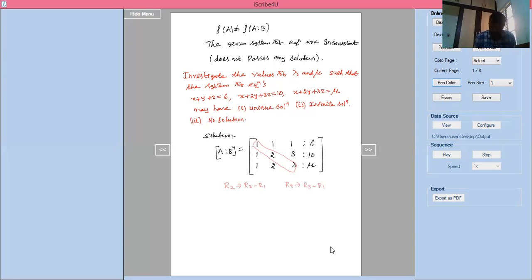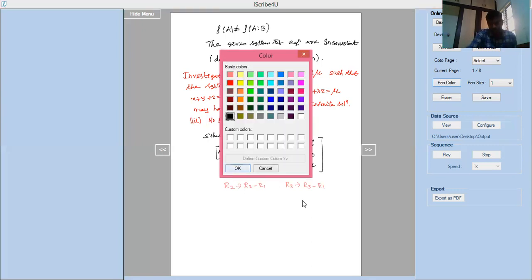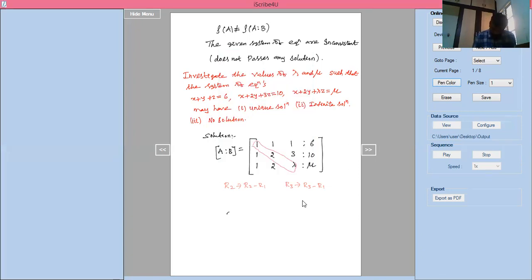Now we get A|B equal to 1, 1, 1 | 6. R2 minus R1 is 1 minus 1 is 0, 2 minus 1 is 1, 3 minus 1 is 2, 10 minus 6 is 4. R3 minus R1 is 0, 1, lambda minus 1, mu minus 6.